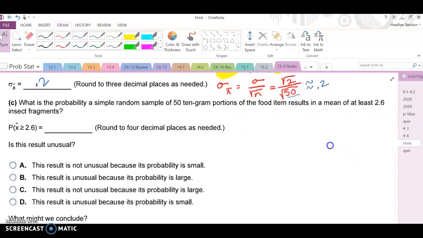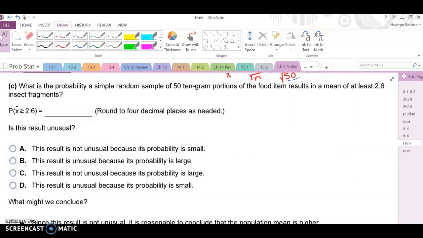All right, so part C, what is the probability that a simple random sample of 50 portions of the food item results in a mean of at least 2.6 insect fragments? Our n is the same, so we don't have to adjust our mean or our standard deviation. We're looking for the probability that X bar is greater than or equal to 2.6.